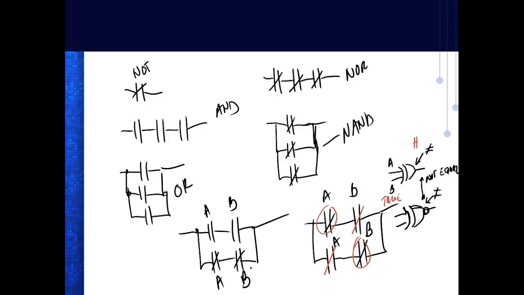Yeah, so if you get 2 zeros, this is true. And that's the way we wire it. We get logic out. Now, the exclusive OR and exclusive NOR can only have 2, how many contacts? Well, 4 contacts, but they're controlled by the same output.